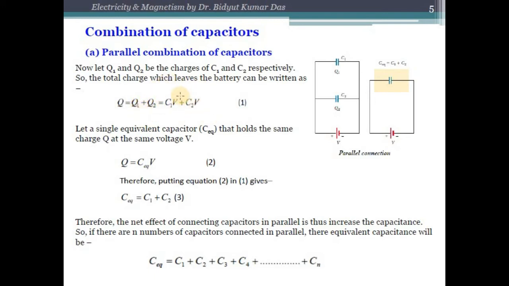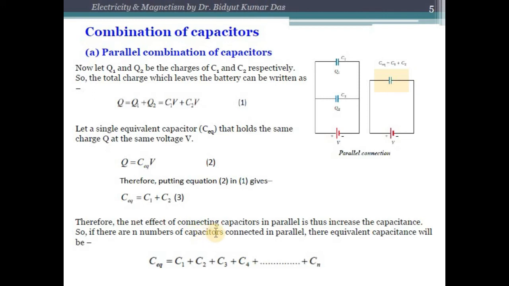And let us consider that the equivalent circuit of this circuit is this one. Suppose the equivalent capacitance is represented by C equivalent. So C equivalent can be represented by equation 2, and therefore putting equation 2 in equation 1, we get C equivalent equal to C1 plus C2.